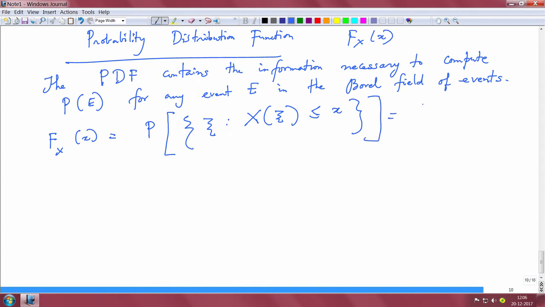So, this is given as the probability of the random variable over the event minus infinity to some small x, some chosen number.